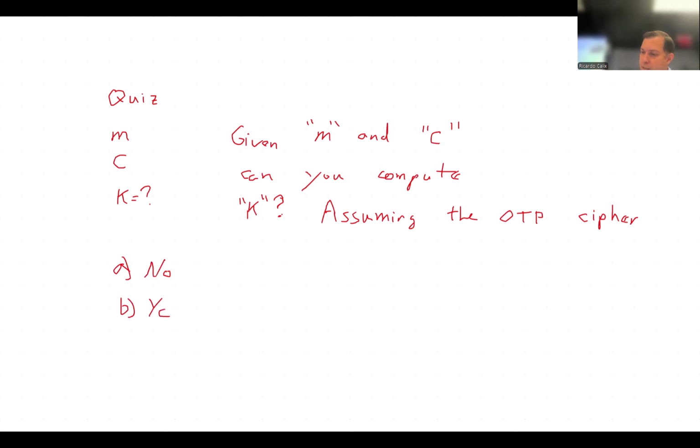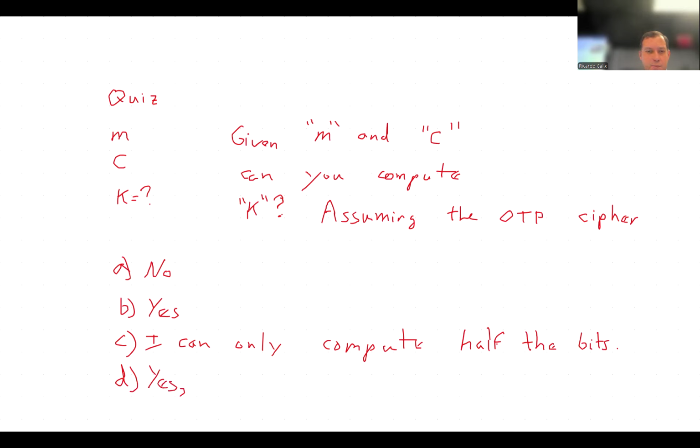Option C is I can only compute half the bits, and D is yes, and the key is equal to M XOR M. Okay, so there you go.